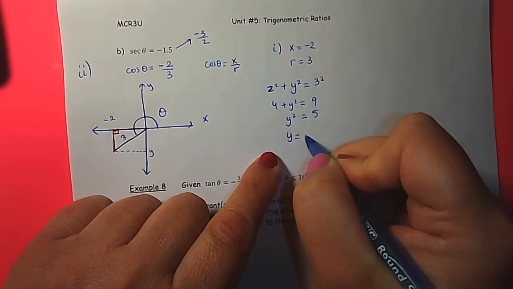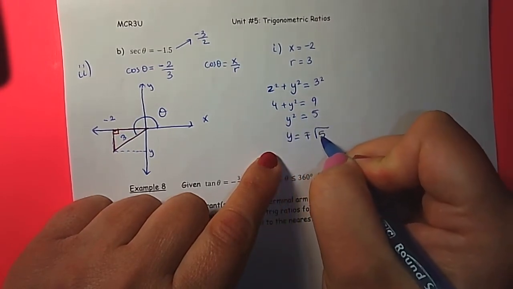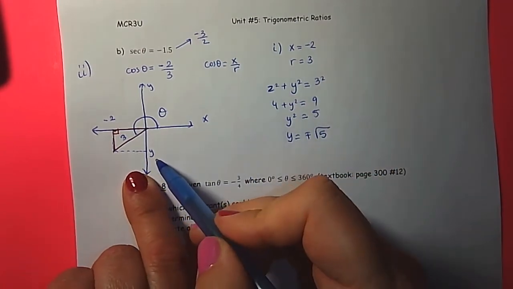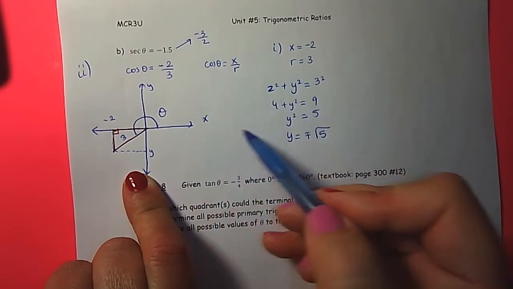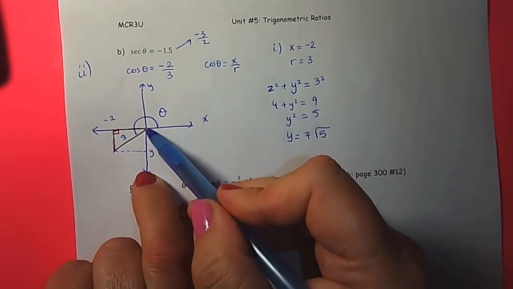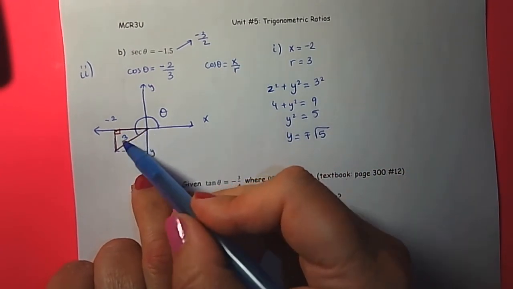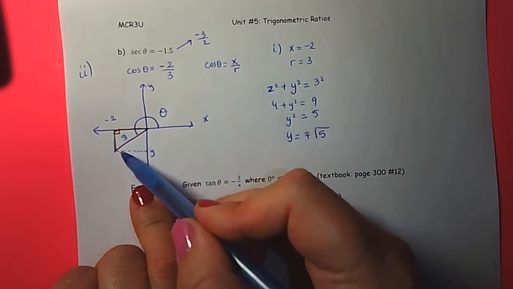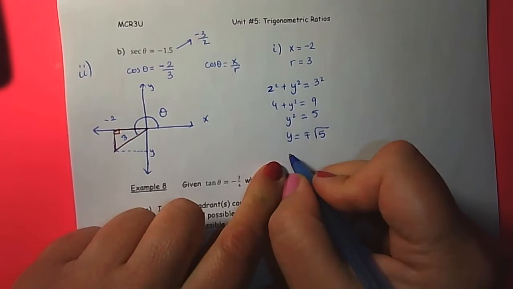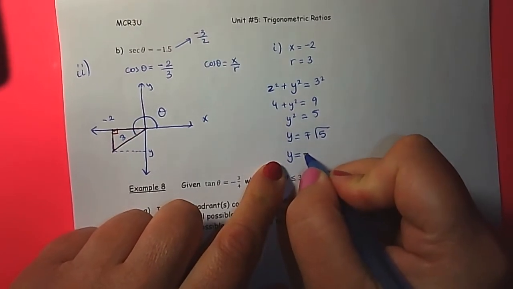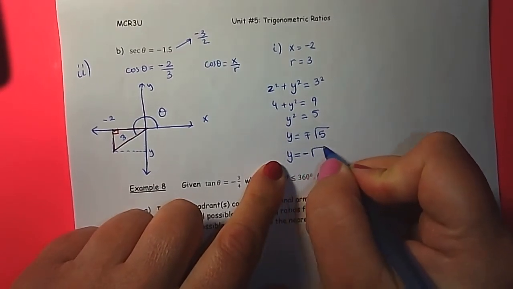And we get y being plus and minus square root of 5. Then check if y can be a positive value or a negative value or both. In this case, we are in the third quadrant. In the third quadrant, y coordinates are negative. Therefore, we can only take the negative y value here, negative root 5.